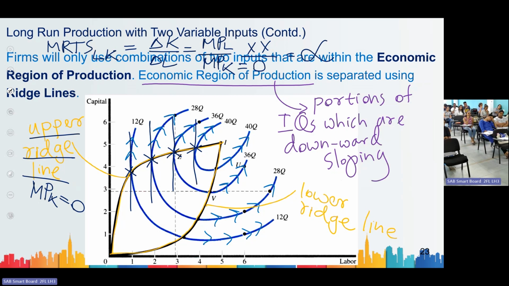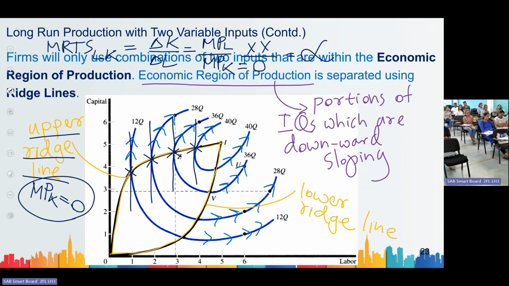So the slope, I explained earlier that we draw the upper ridge line by combining the points where MPK is 0.